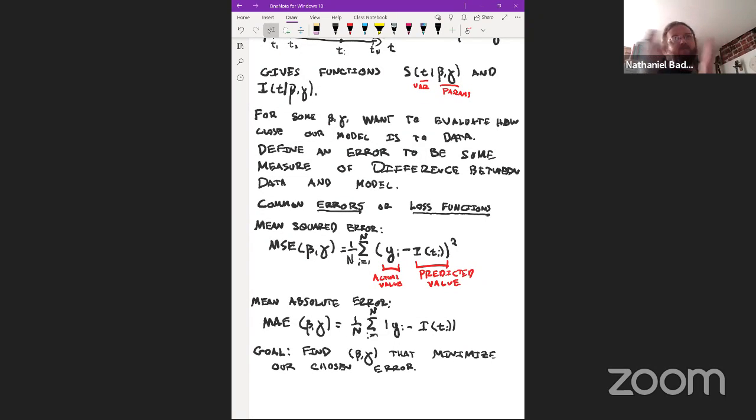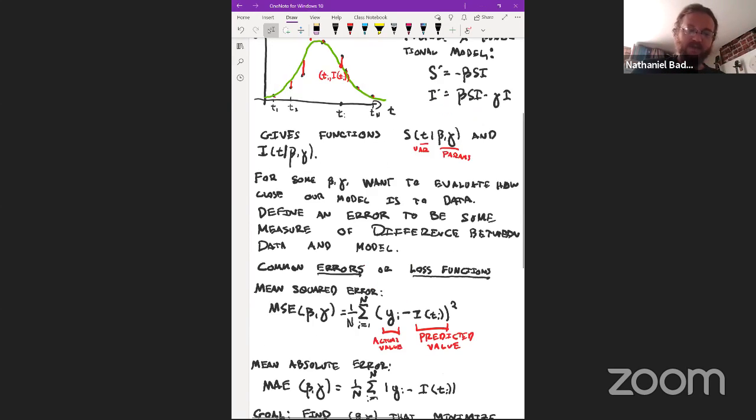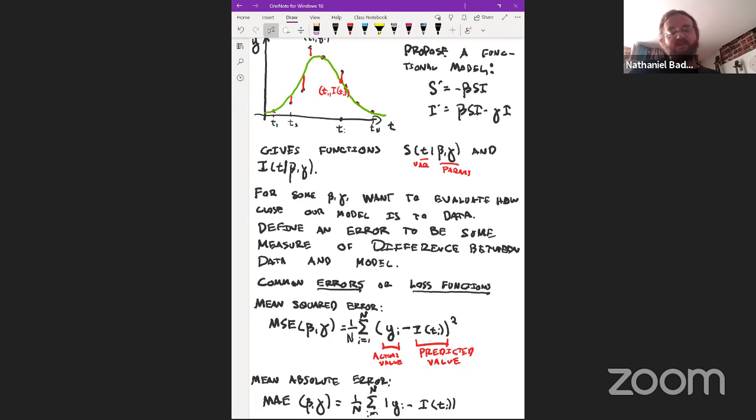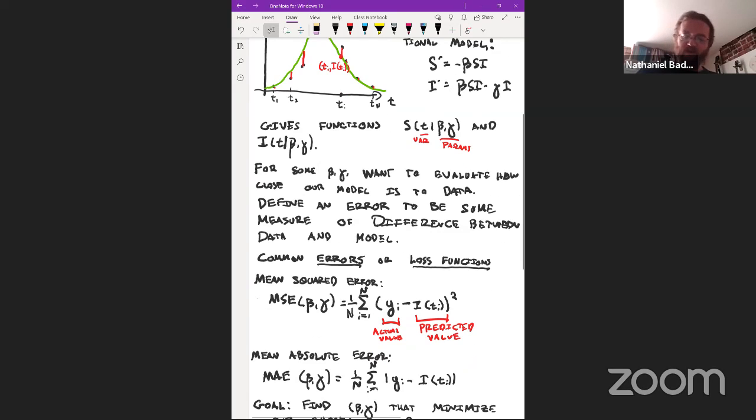One of the reasons that we use the mean squared error is that both of these are making a call about how we think the noise is distributed, right? What the best way to fit the noise given some assumption about the underlying distribution. And in the case of the mean squared error, basically what we're assuming is that the noise is Gaussian. That's why we tend to use it, because by using the squared term, it's equivalent to doing maximum likelihood of Gaussian noise.